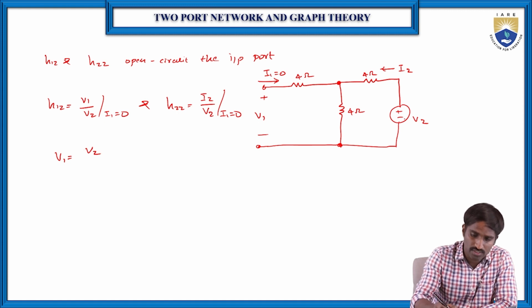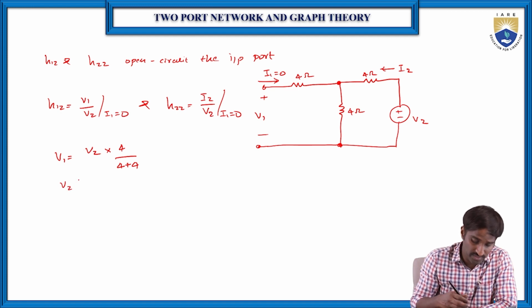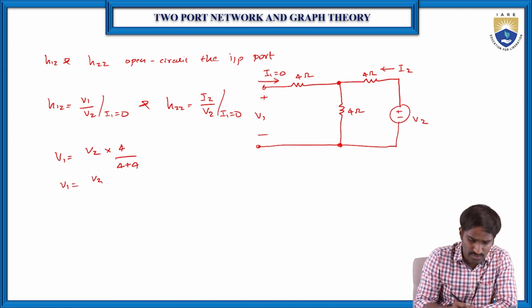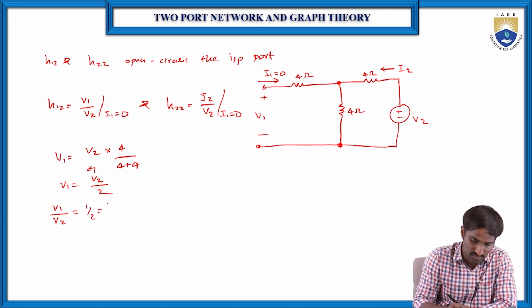So V1 is equal to V2 into 4 by 4 plus 4, so V1 is equal to V2 by 2. Then V1 by V2 is equal to 1 by 2, which is equal to H12.